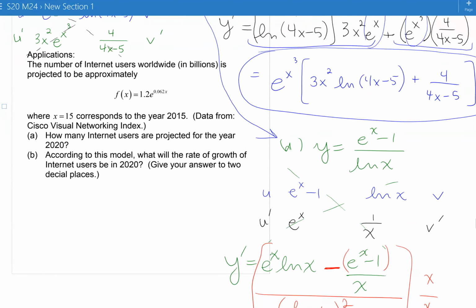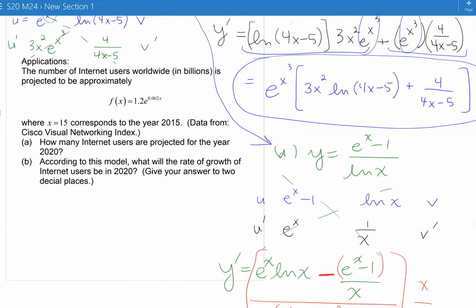Okay, then I have one more example. And we have a number of internet users worldwide in billions. So this is billions of internet users.